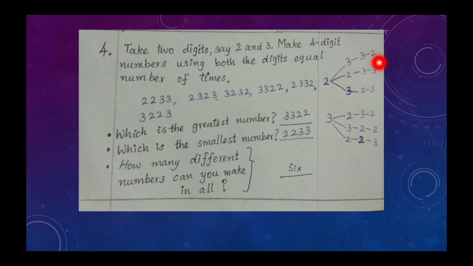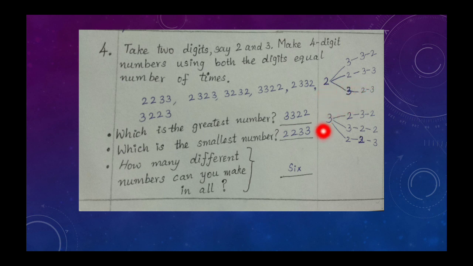In the first choice, 2 is used once, 3 is used twice, so the last digit is 2 only. So now 2 is used two times and 3 two times. Similarly, 2, 3, 2, the last digit is 3. So we have got these numbers with 2 two times and 3 two times.